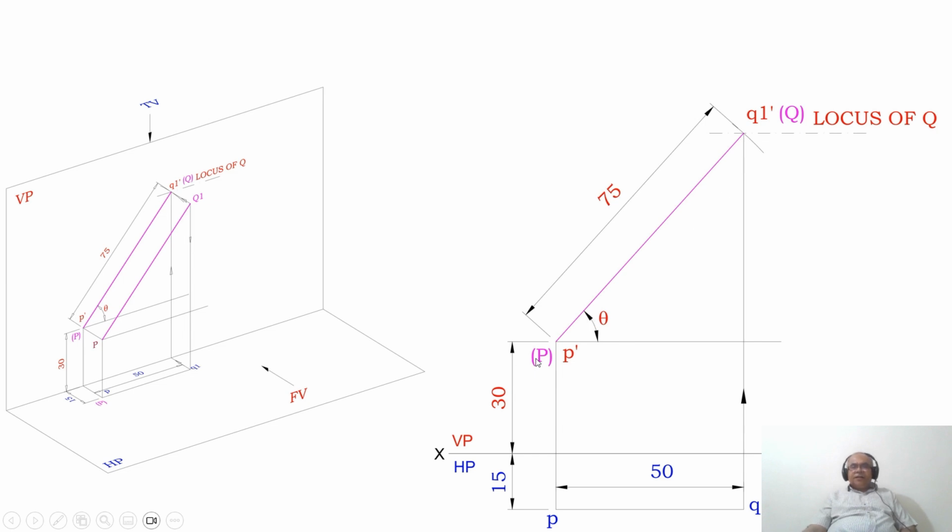Since capital PQ1 is the true length line, obviously this angle will be theta. Now we have got the locus of Q in the front view. So this is how you get the true inclination with respect to HP, and the true inclination with respect to HP can be seen in the vertical plane.